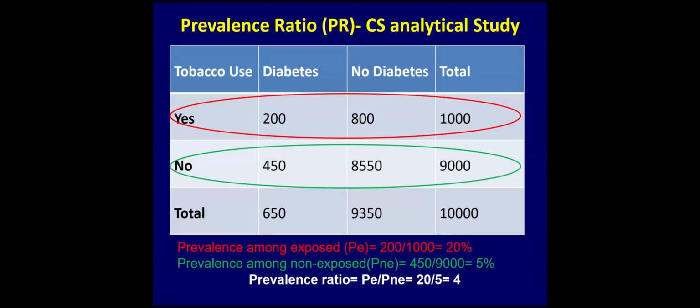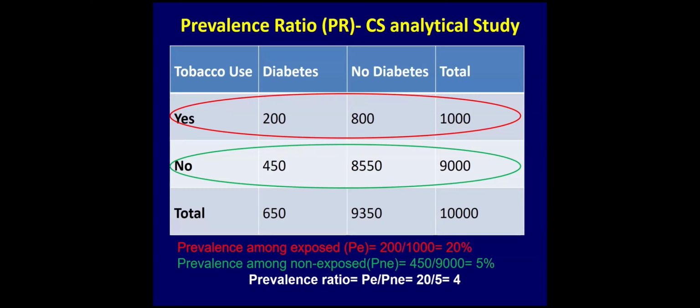In a cohort study, I was telling, those who are using tobacco have 4 times higher risk of developing diabetes over 5 years when compared to those who are not using tobacco. But here the interpretation is totally different. It's not about developing. It's about having. So what does it mean? Those who are using tobacco have 4 times higher risk of having diabetes when compared to those who are not using tobacco. Please understand this.